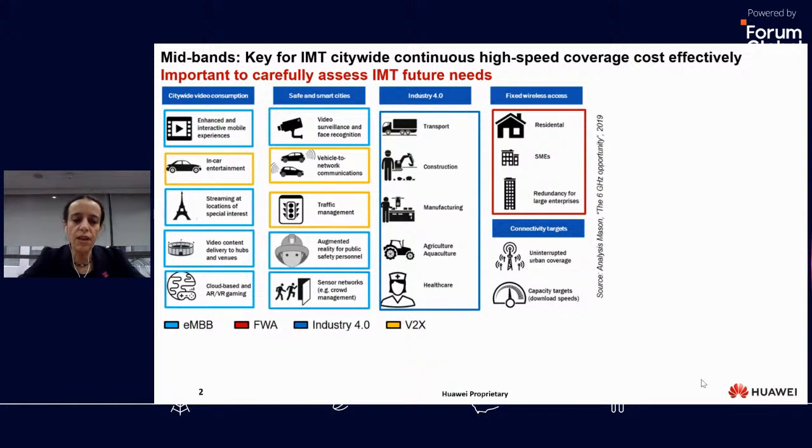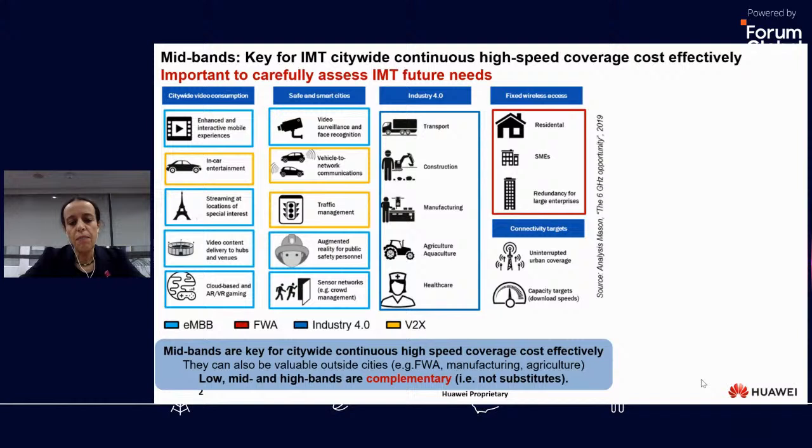This covers use cases ranging from eMBB and citywide video on the move, to safe and smart cities, eMBB and ultra reliability use cases, whether they are for Industry 4.0 or other verticals or smart city, and also covering fixed wireless access needs. Next, please.